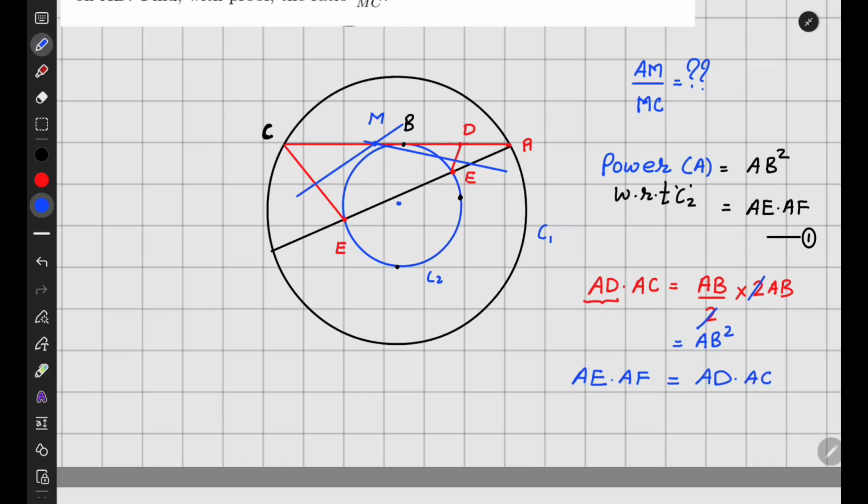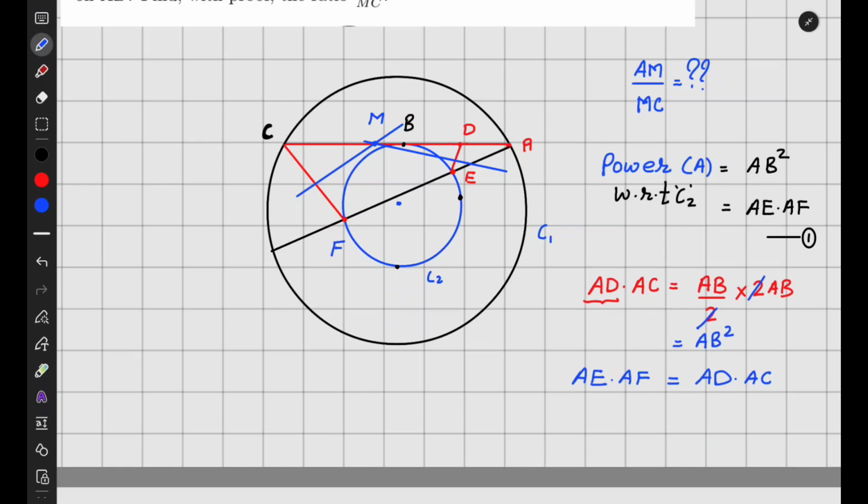And what does it say? It says the converse of the power of a point theorem: if DE, FC, this quadrilateral is cyclic, then the power of point A with respect to the circle which passes through these 4 points will be equal.